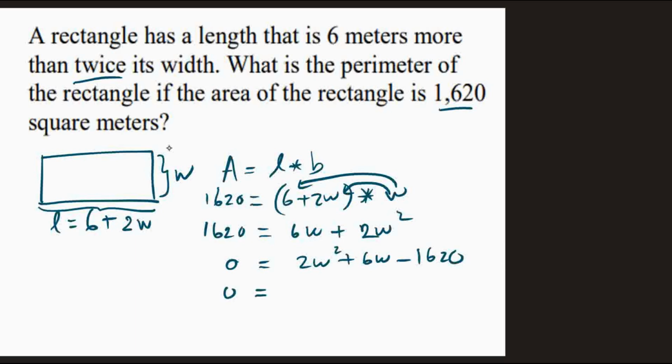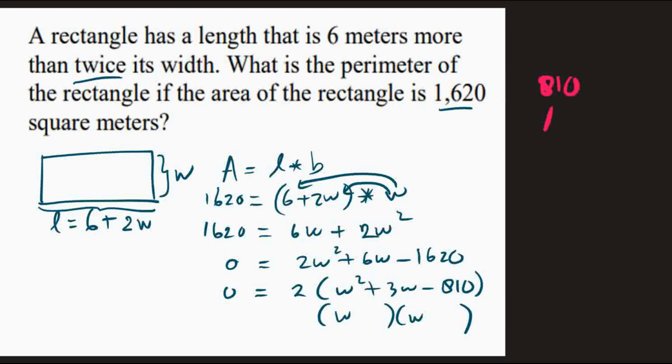Then we can factorize this one by 2. w squared plus 3w minus 810. So we just have to factorize this one, w and w. The factors of 810 that when we subtract will make 3. 3 times 270 is still far away.